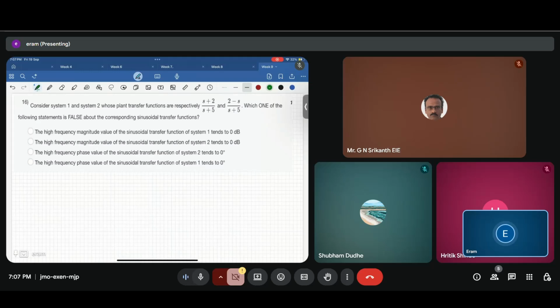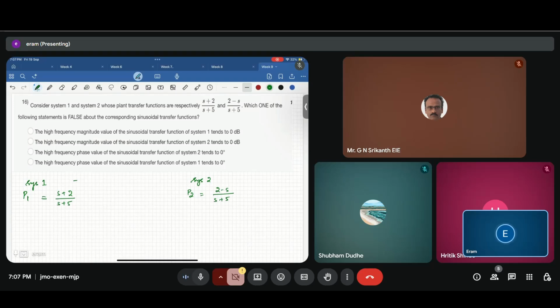Okay, so in this question we are given two transfer functions. So system 1, let's call it P1. P1 is S plus 2 divided by S plus 5, and system 2, let's call it P2, is 2 minus S divided by S plus 5.